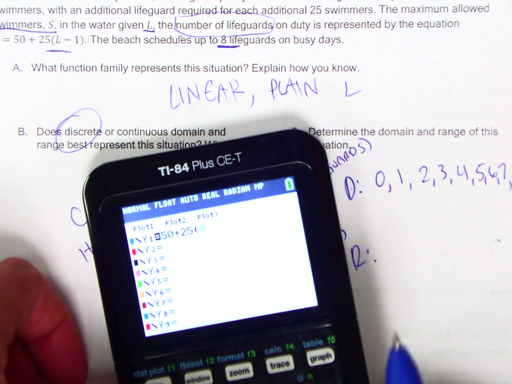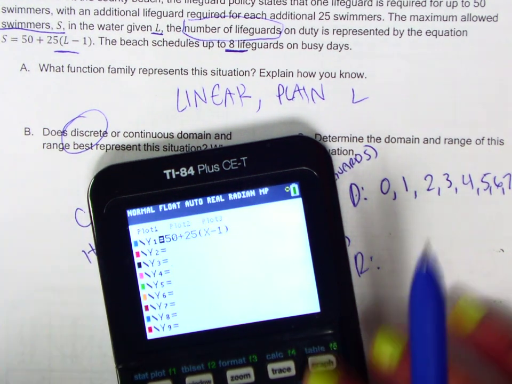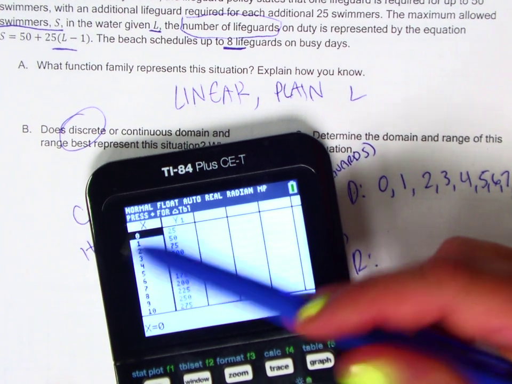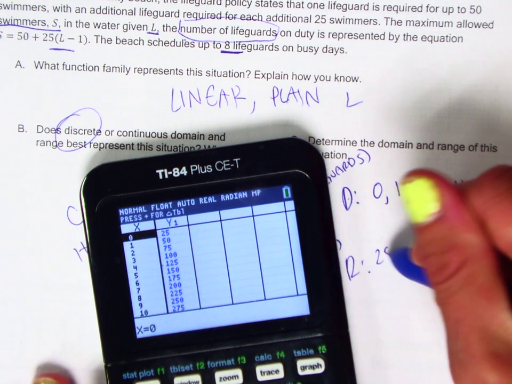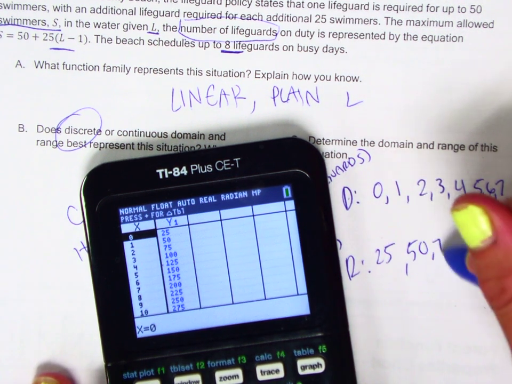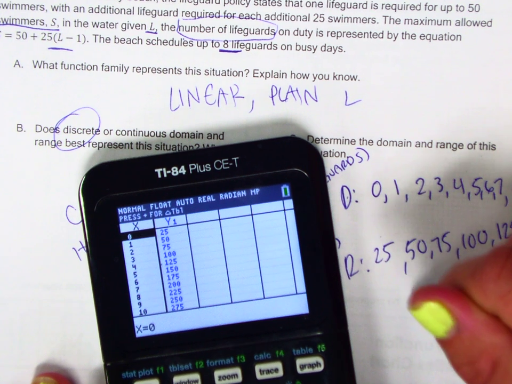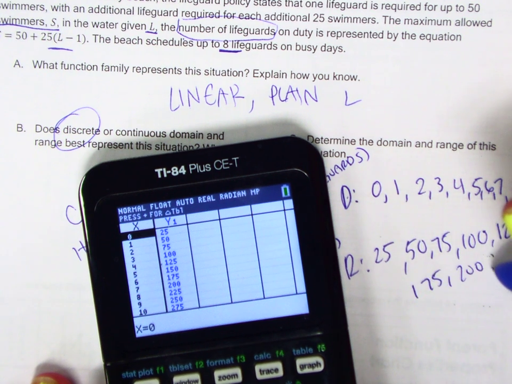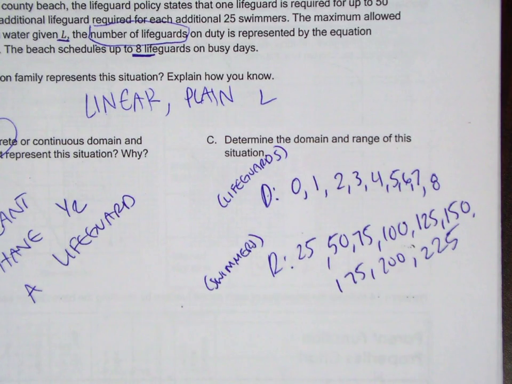All right, so I don't know if you can see it or not, but 0 is going to be 25, and then 50, then 75, then 100, then 125, then 150, then 175, 200, and at 8 it's 225. And so when it's discrete, you are just listing domain and range.